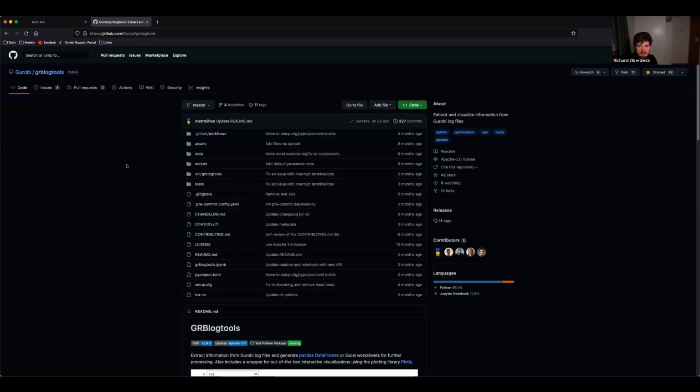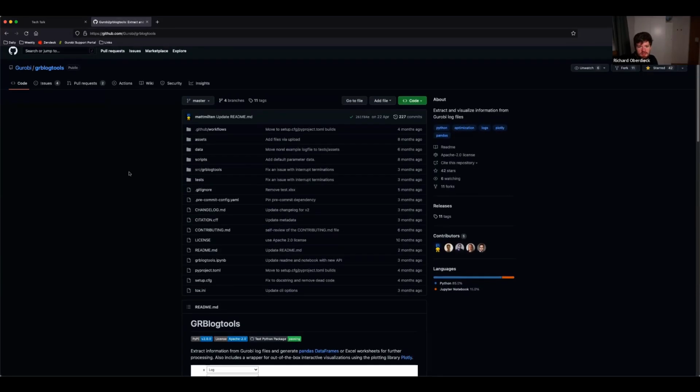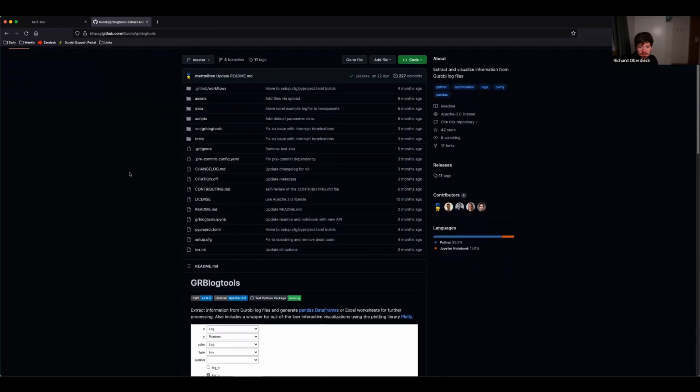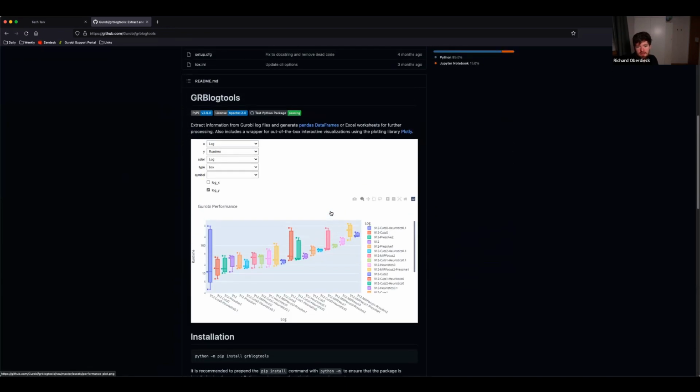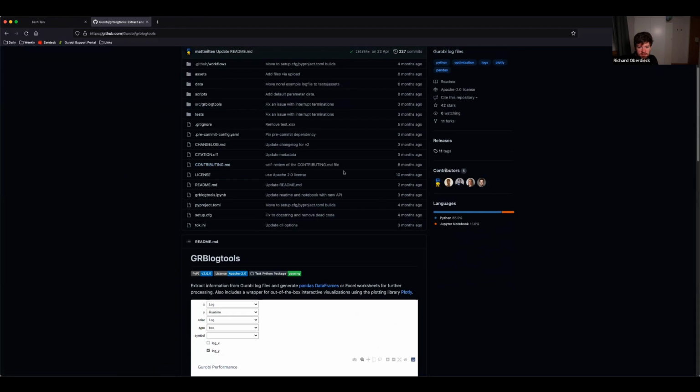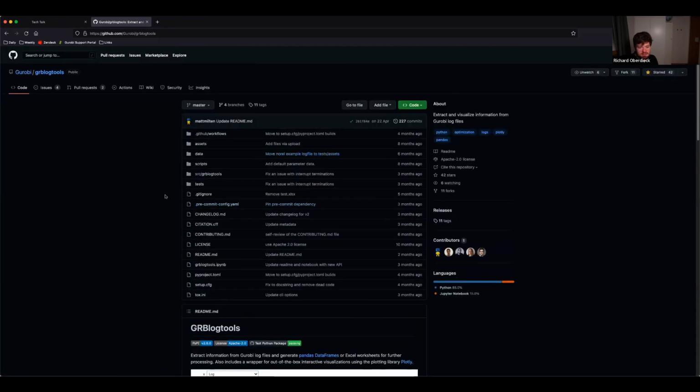So this is basically a way you can parse your Gurobi log files into pandas data frames, and then you can plot them using Plotly, and that's what we did here. You're more than welcome to check it out. As I said, it's open source. You can just pip install gurobi-logtools, and off you go.